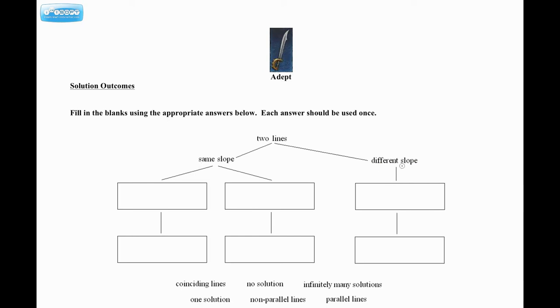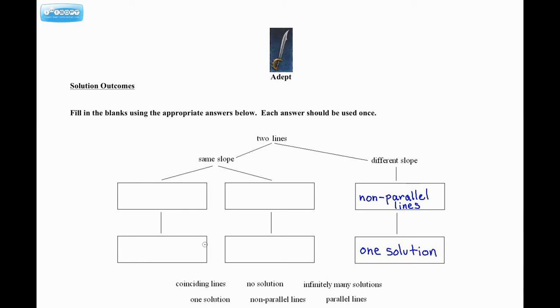Well, we know that when the slopes are different, we have non-parallel lines. Okay. Well, what does that tell us? It means that there is one solution, meaning there is only one point of intersection. No more, no less.